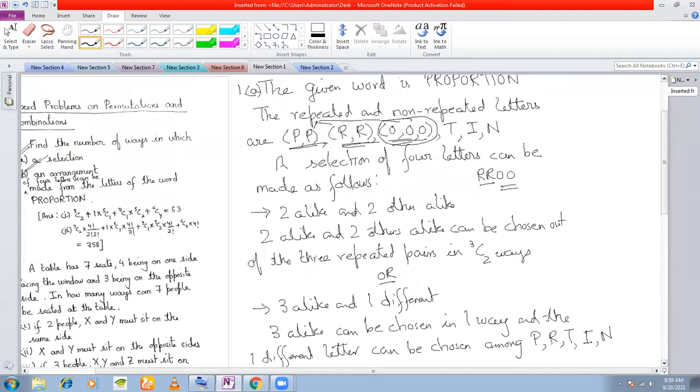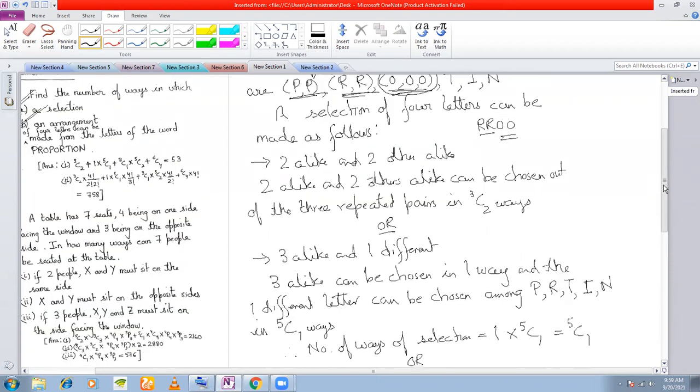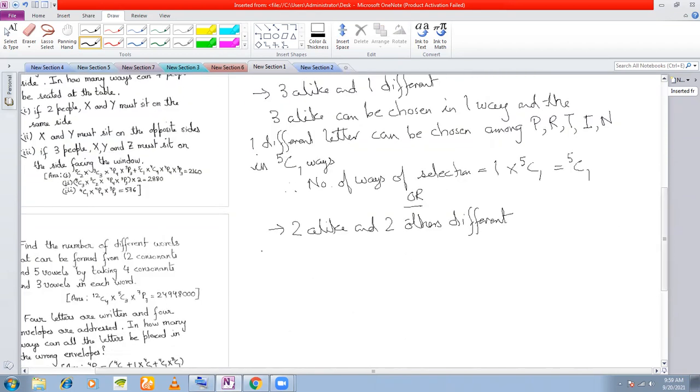Three pairs, right? Two alike can be chosen out of three pairs in 3C1 ways, because you're choosing only one pair, not two.